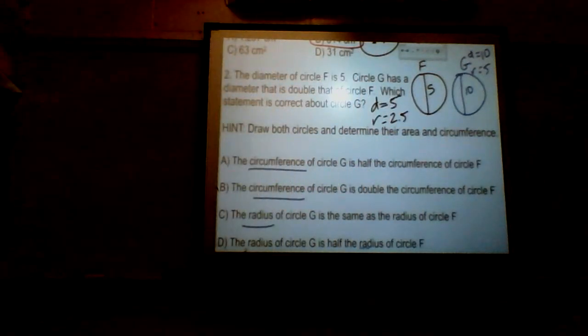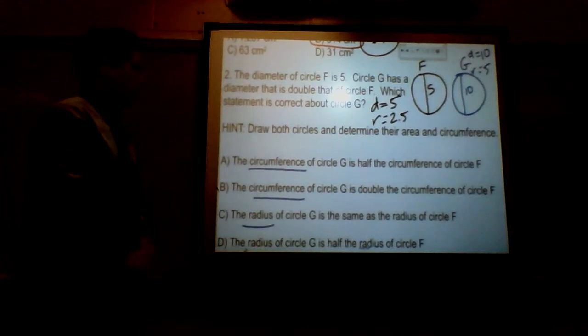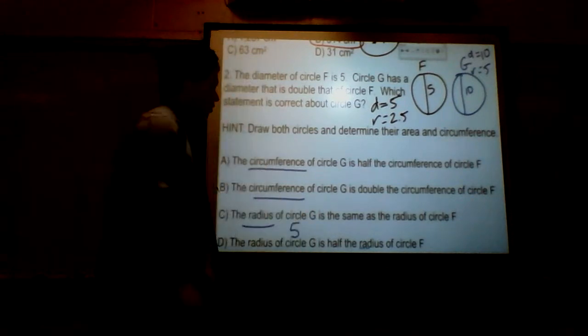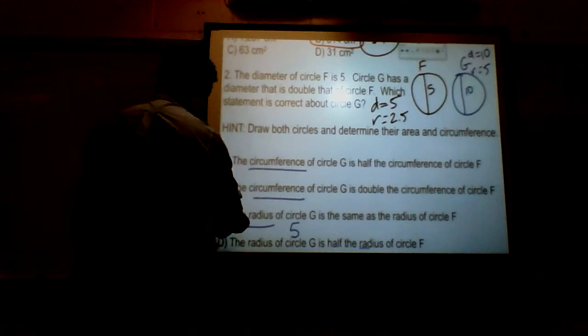So let's go to questions that ask about the radius. Answer choice C says the radius of circle G is the same as the radius of circle F. Well, we found the radius of circle G to be 5. The radius of circle F to be 2.5. Those are not the same.